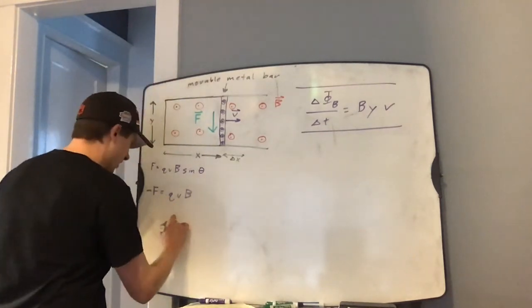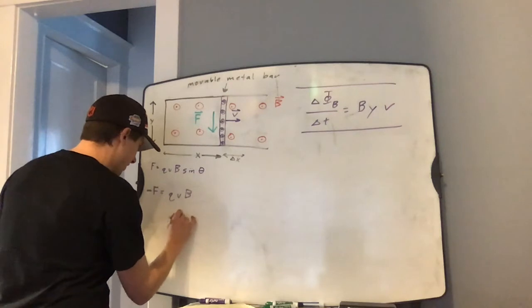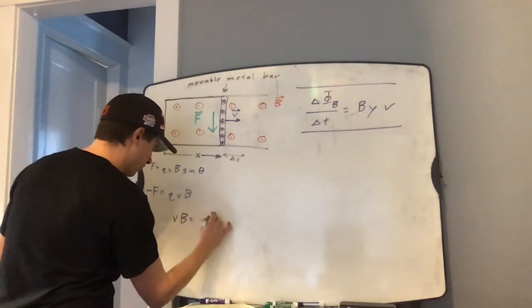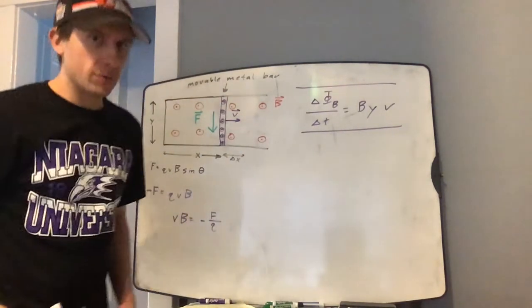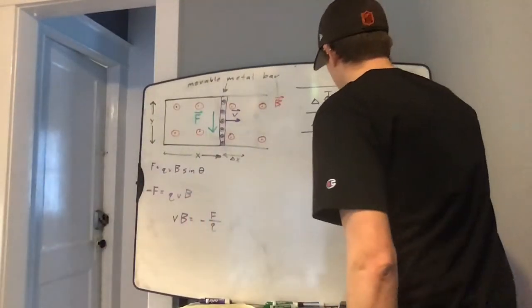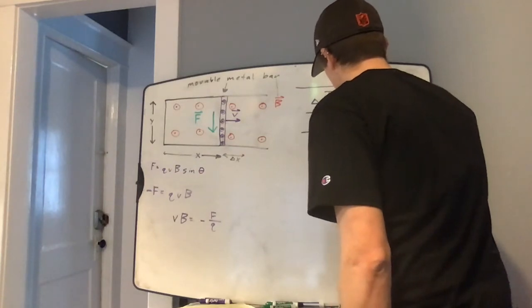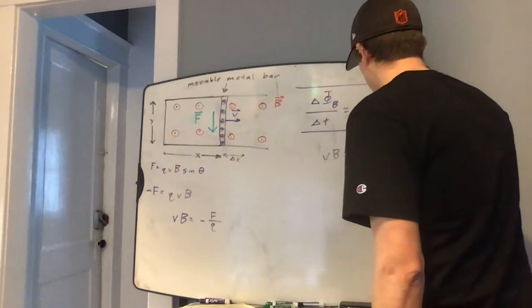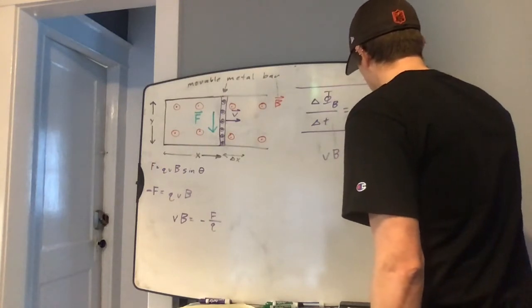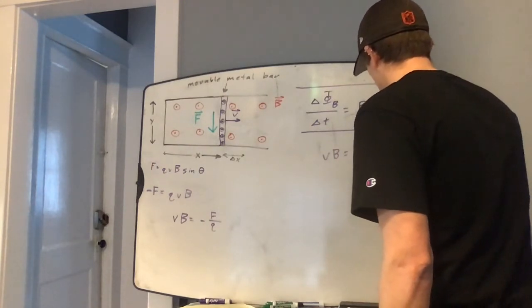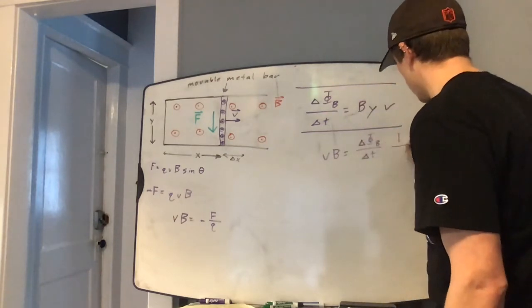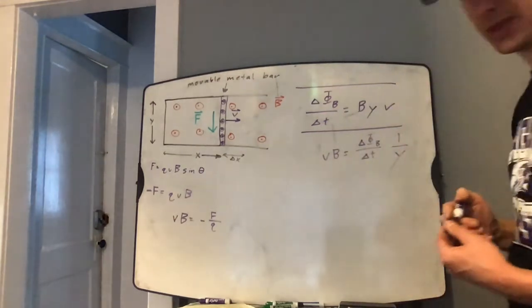So I could write V times B is equal to negative F over Q. And over here, V times B is equal to, I'll bring the y downstairs on the other side, the change in magnetic flux over change in time, and then I have a 1 over y when I bring it over there.